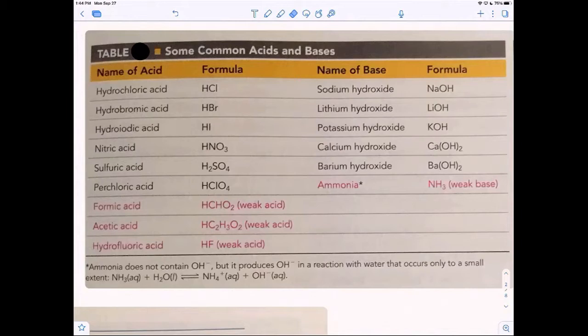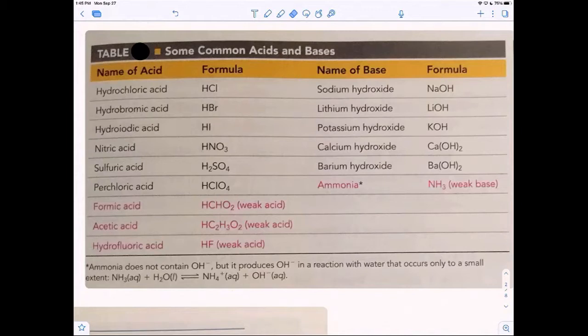Again, I talk about it much more next semester, but sodium hydroxide, lithium hydroxide, potassium hydroxide, maybe you see a trend. There could be rubidium hydroxide next and cesium hydroxide. So the alkalis, and alkali means basic anyways. So alkali metals and then the alkaline earths. Those are some strong bases.